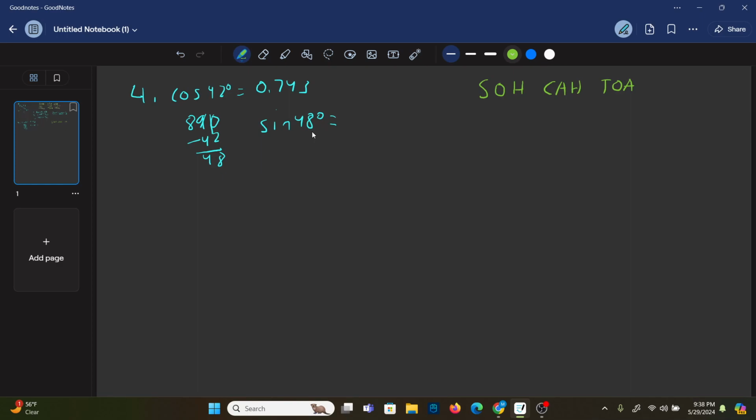So you need a calculator for this, and you would just put sine, and you would make sure that your calculator is in degree mode, or else it will not work if it's in radian mode. So we do sine 48, and when we type that into our calculator, we get 0.743. We just type this into our calculator.